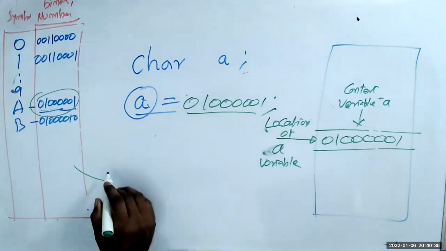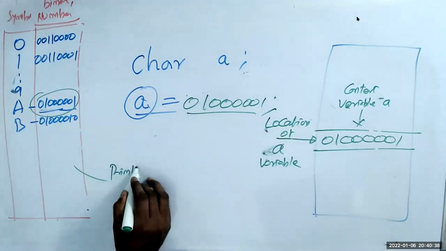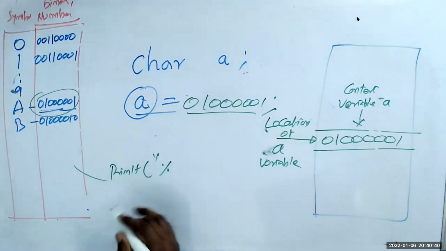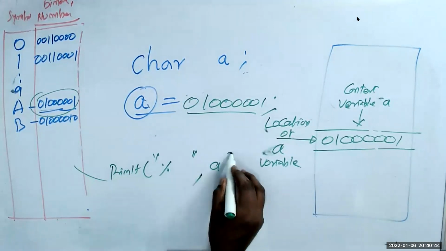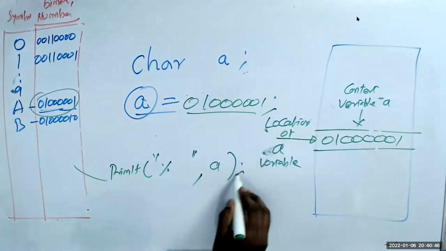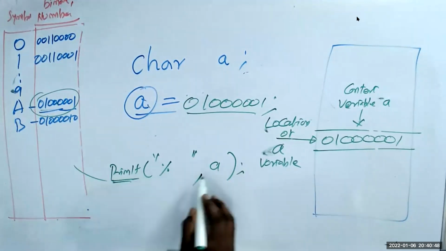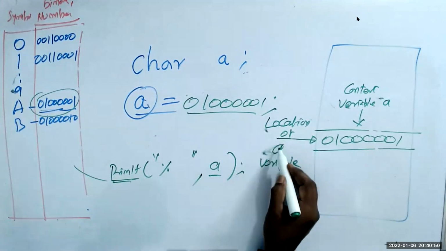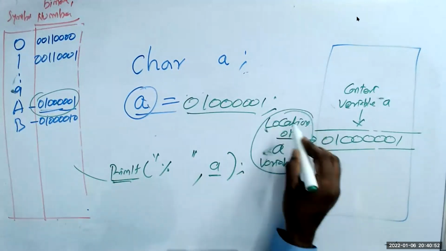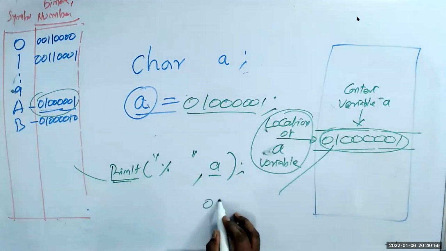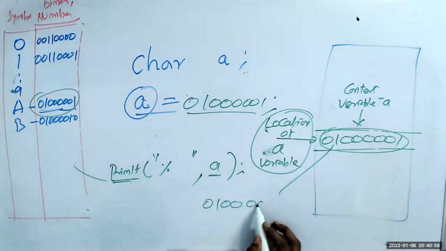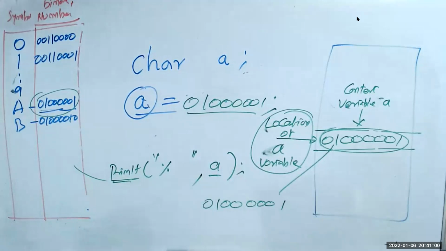When you do printf with percentage anything and you give A, since you gave A, it goes to the location of A and takes the content, 01000001.